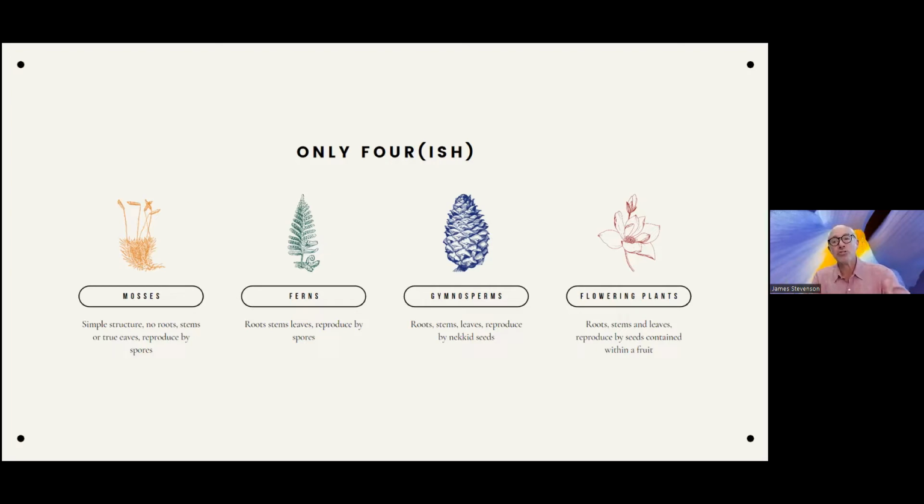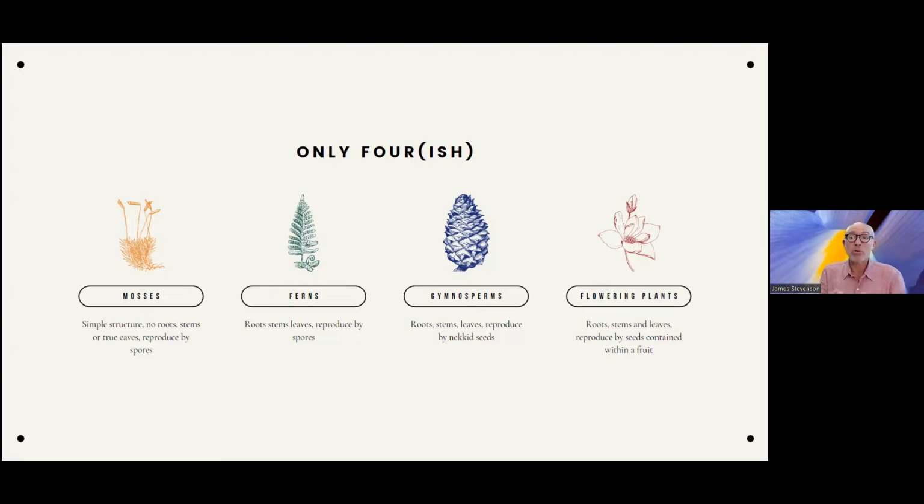And once you start doing that, you may begin to recognize that plants fall into very simple groups. There's kind of only 4 different types of plant, and you can look outside and identify which one of the 4 groups each individual plant that you encounter falls into.